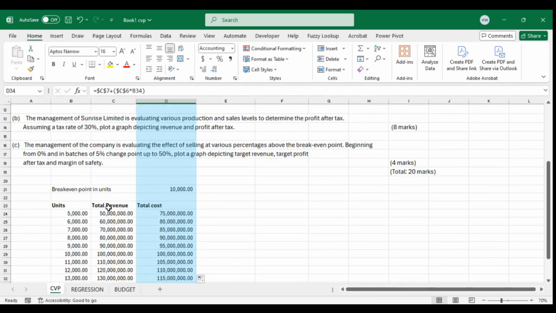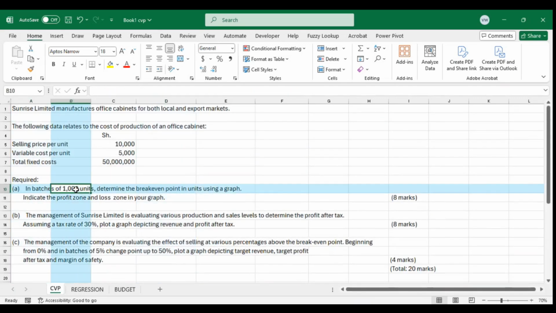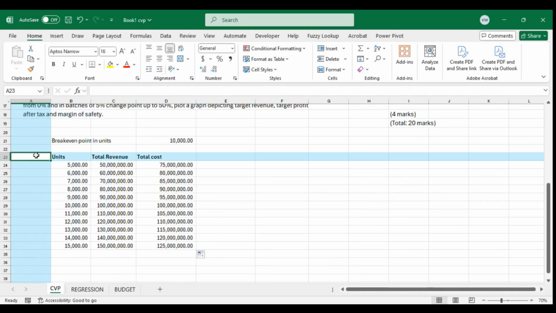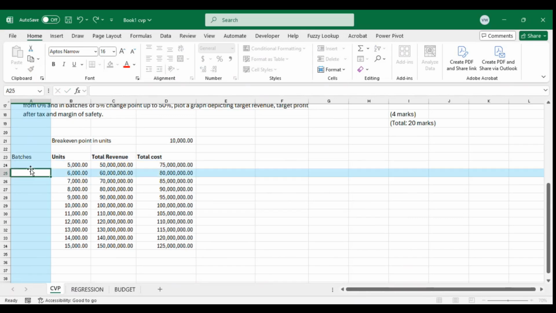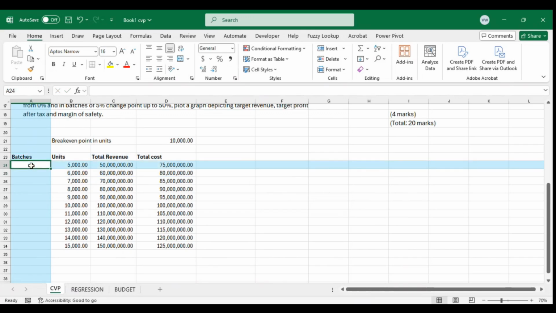But remember, in this question, we were told that production is in batches and one batch has 10,000 units. So in this case, if I wish, I can just convert the output in form of batches so that the batches will form my x-axis. So if the batches will form my x-axis, then I'll have the number of units. I divide by 1,000.